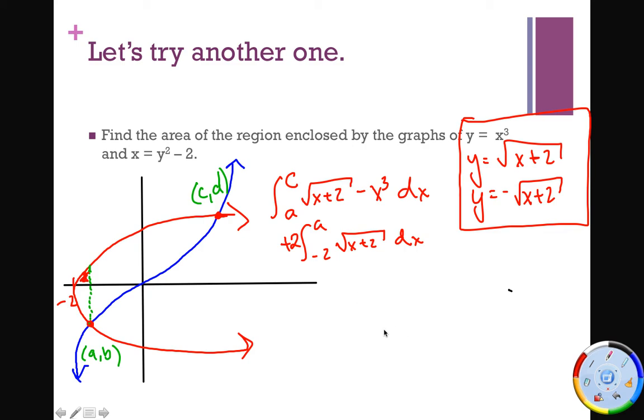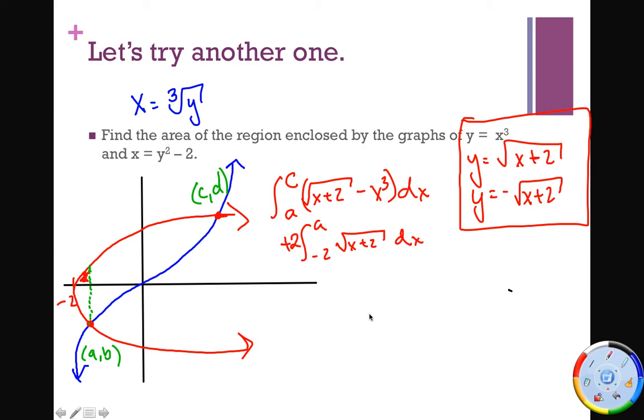Now, less intuitively, and probably the easier problem, would be to find the area between these two functions as functions of y and do the integral with respect to y. So what I could do with my blue equation is change that into x equals the cube root of y. And then we can take the integral of the blue function minus the red function.